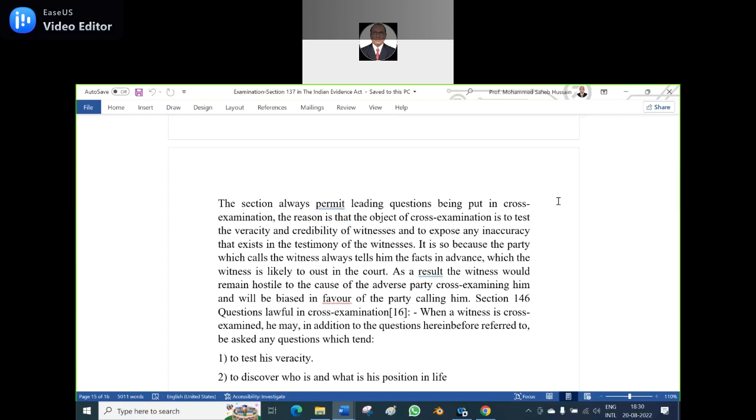Yes, I'll tell you. In England, a dying declaration will be admissible only if he knew that he is going to die. That is in England, but in India, it is not that case.